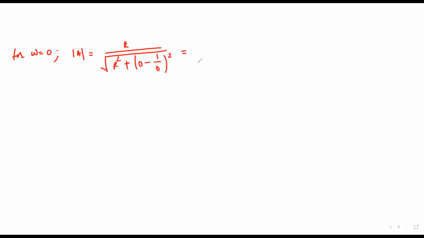And this takes the value of 0 as we can derive it. And the angle would be 0 minus tangent inverse of 0 minus 1 over 0, divided by R. So if we solve it, it takes the value of plus 90 degrees.